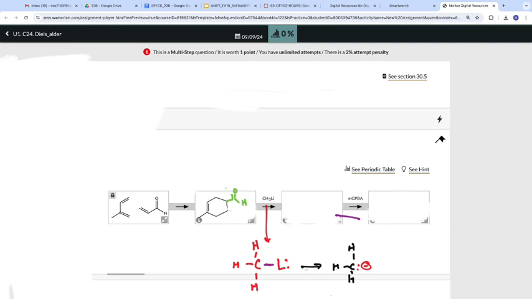Okay? So I have a negative carbon. What do I need to stabilize that negative carbon? Positive. So what do I have to do? Find a positive in this molecule. There's 2 places. What are the 2 places?